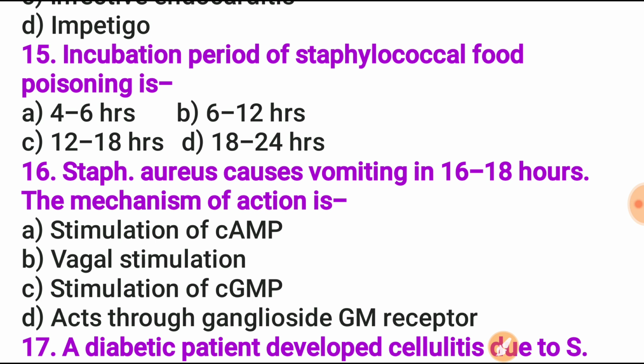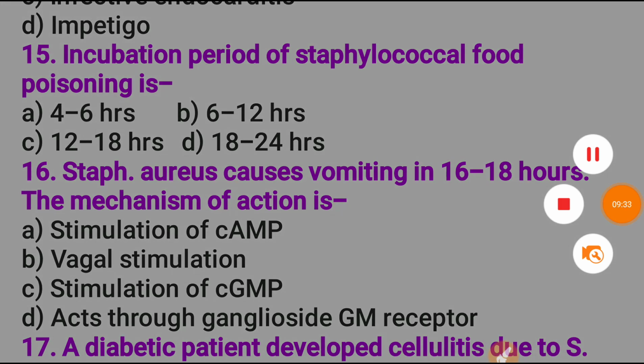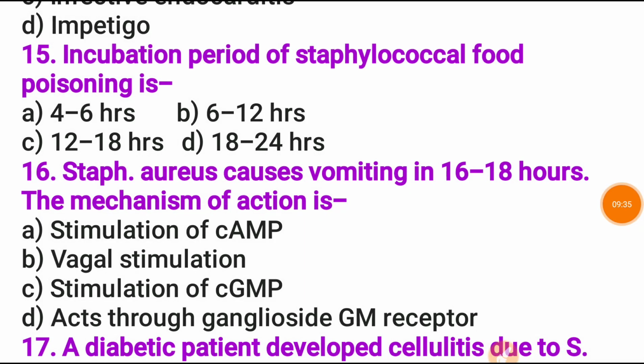Next is the incubation period of staphylococcal food poisoning. The options are 4 to 6 hours, 6 to 12 hours, 12 to 18 hours, and 18 to 24 hours. The right option is 4 to 6 hours.